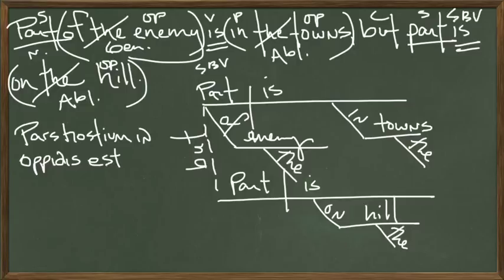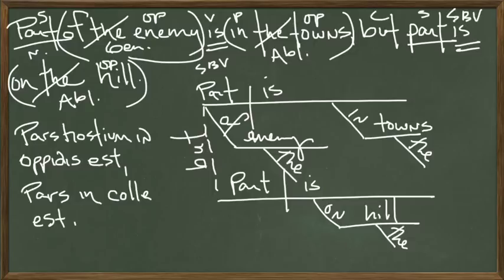Honestly, that est would go really to the end of the sentence, but we'll just stick it in there. Pars ostium in opidis est, and pars in colle est. So there you go. Pars ostium in opidis est, and pars in colle est.